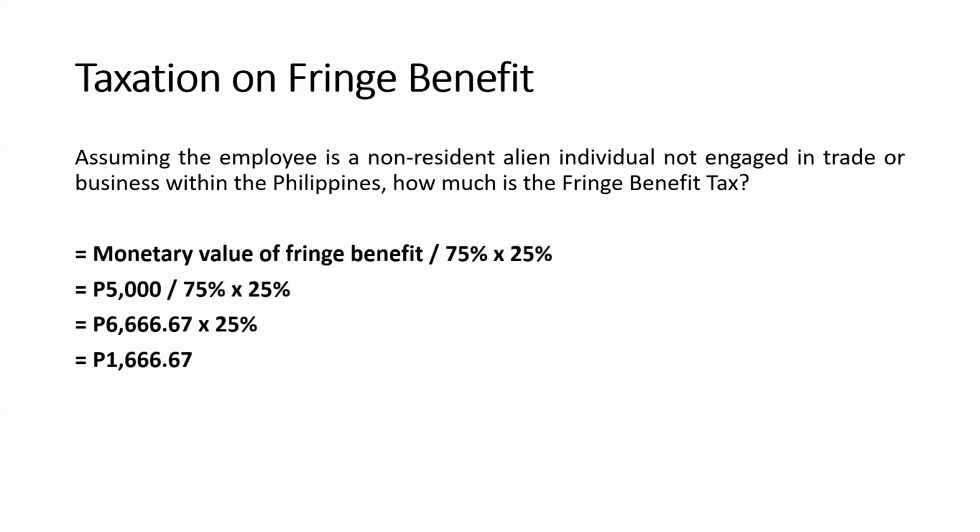Another example, if the employee is a non-resident alien individual not engaged in trade or business, then 5,000 divided by 75% times 25%. That would be the fringe benefit tax, 1,666.